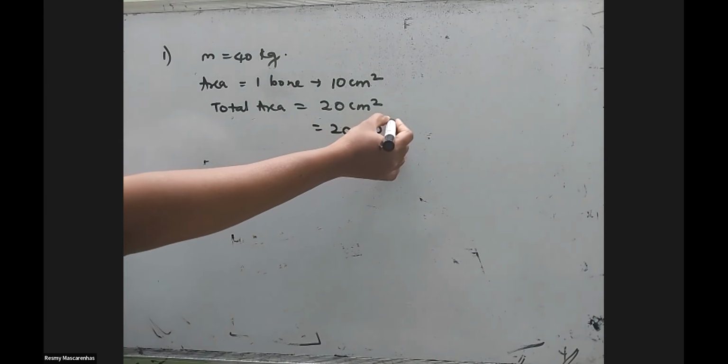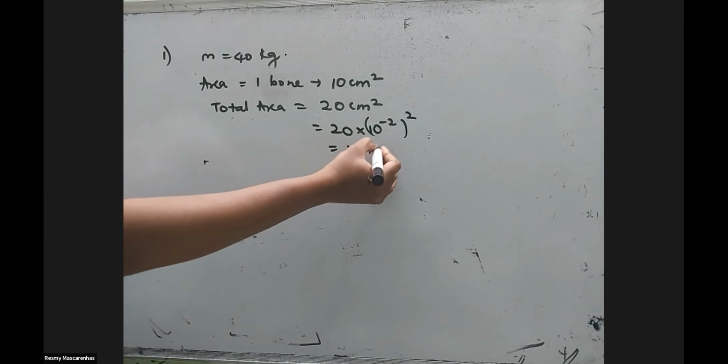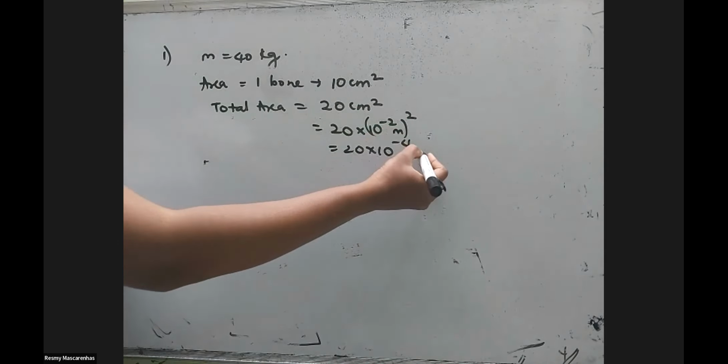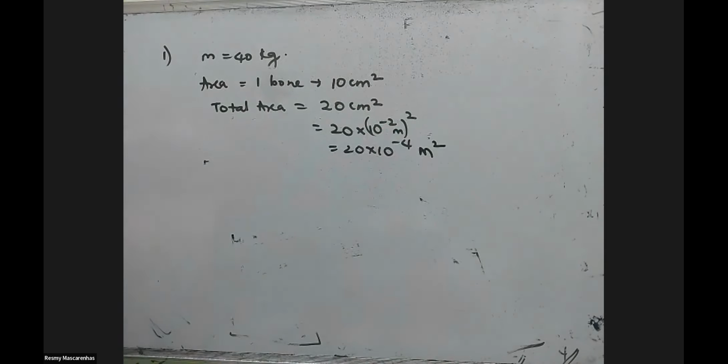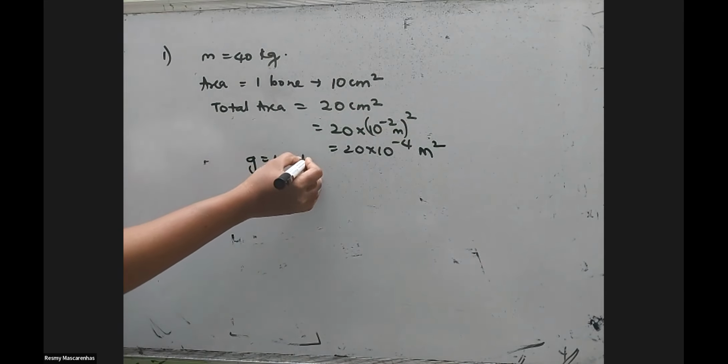Centimeter square means 10 raised to minus 2 square, so it is 20 into 10 raised to minus 4. Convert it to standard form, in terms of meter square. This is the total area. G we have to take as 10.